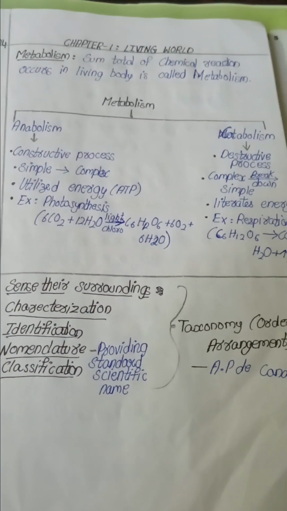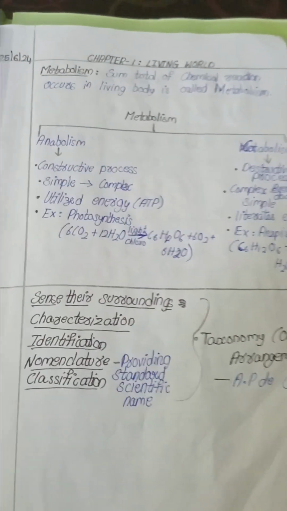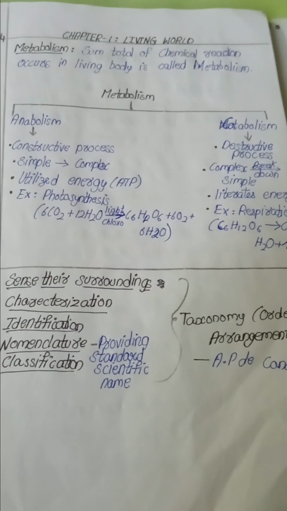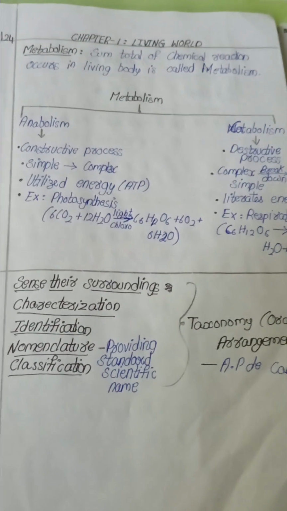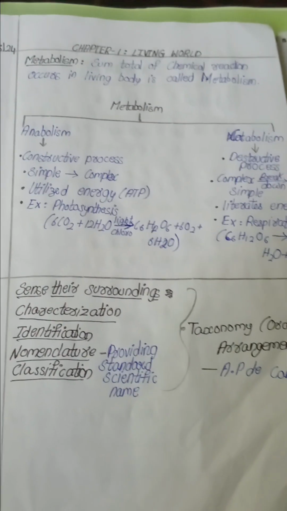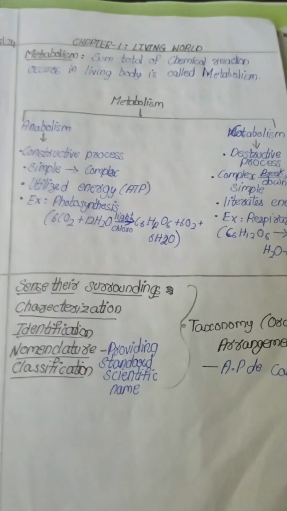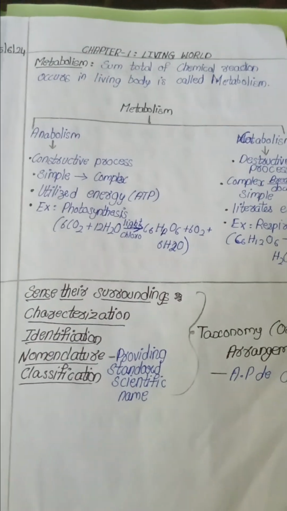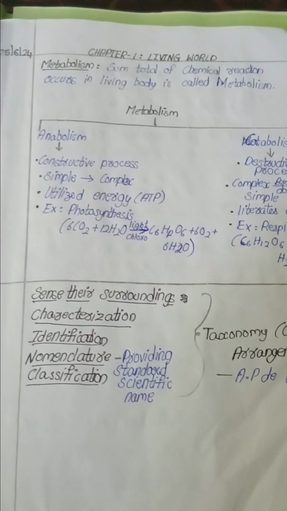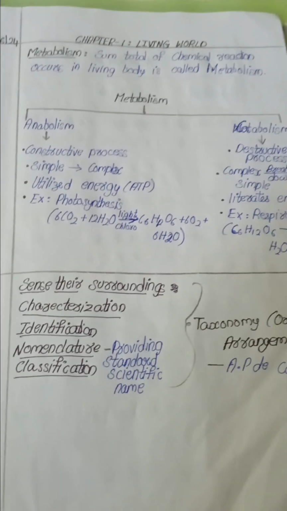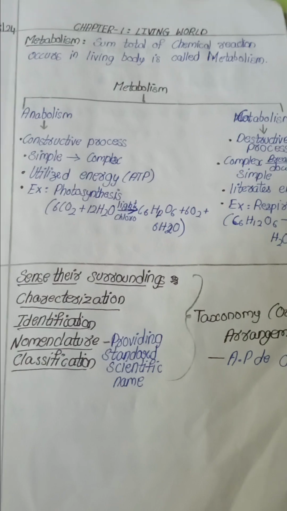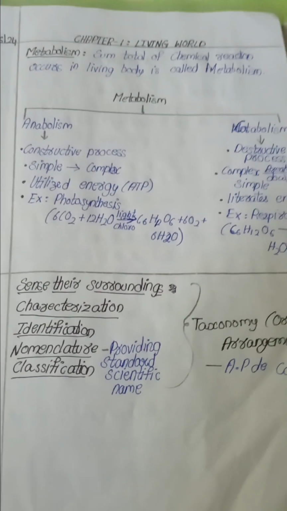When we were infants, our body was so small, our hands, legs, limbs. But as we grew, our hands and legs slowly developed, our hormones developed. So that's metabolism: the sum total of chemical reactions occurring in our body.